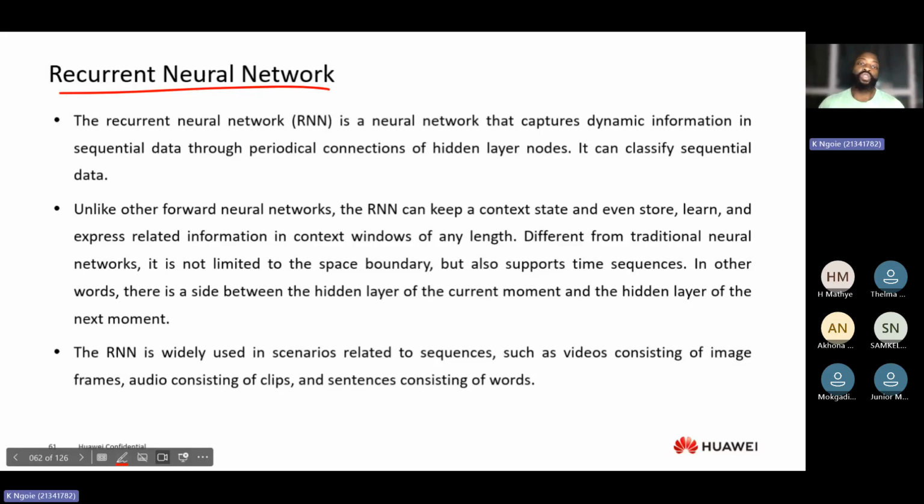If I give you an example, say you are using it in a scenario of videos consisting of images. How do you know, let's say you have a video of a dog chasing a cat, that the dog is chasing a cat if the video is about 2 minutes?